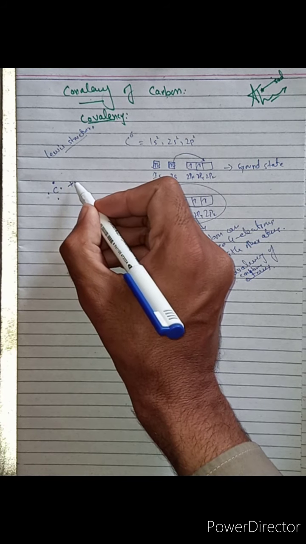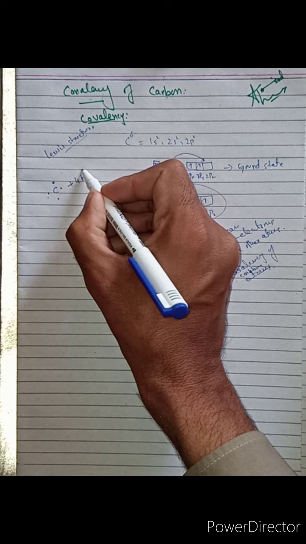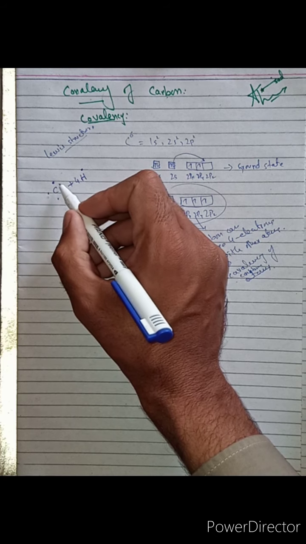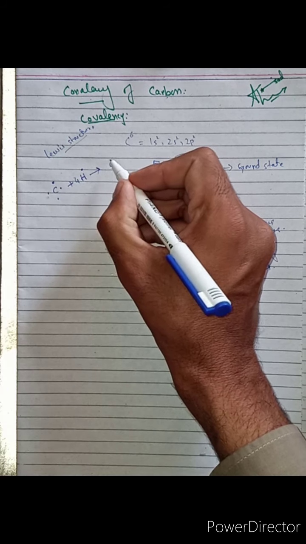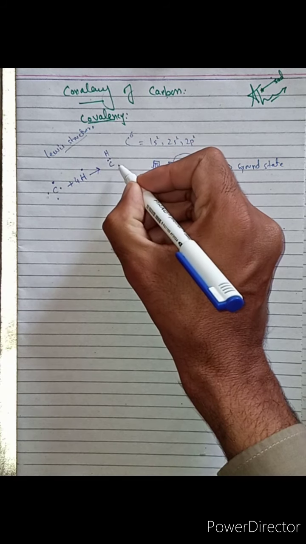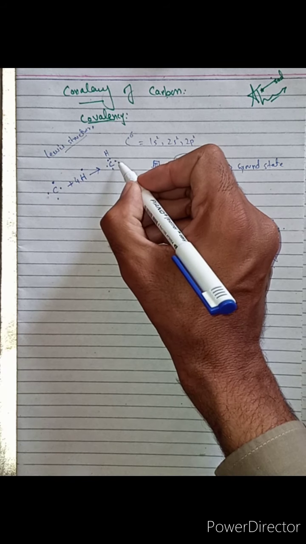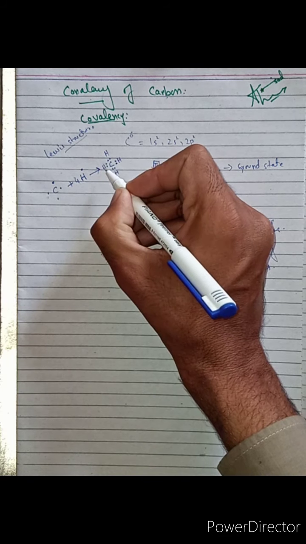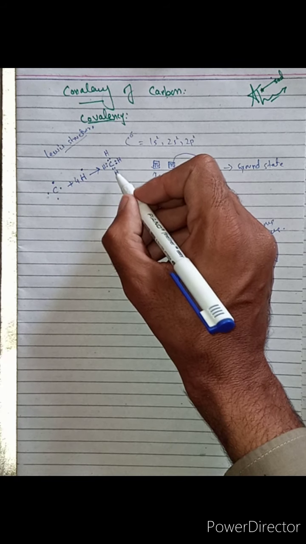If we have one carbon atom and add four hydrogen atoms, you know that hydrogen has one electron. So four hydrogens having four electrons will share with each orbital of carbon. Here are the electrons of carbon, and here are the electrons of the hydrogens. So you see that carbon makes CH4, methane gas.